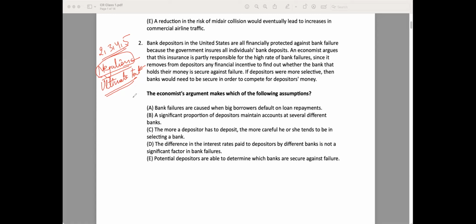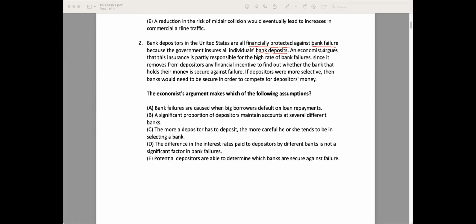Okay, let's go to the questions. Second: bank depositors in US are all financially protected against bank failure because the government insures all individuals' bank deposits.